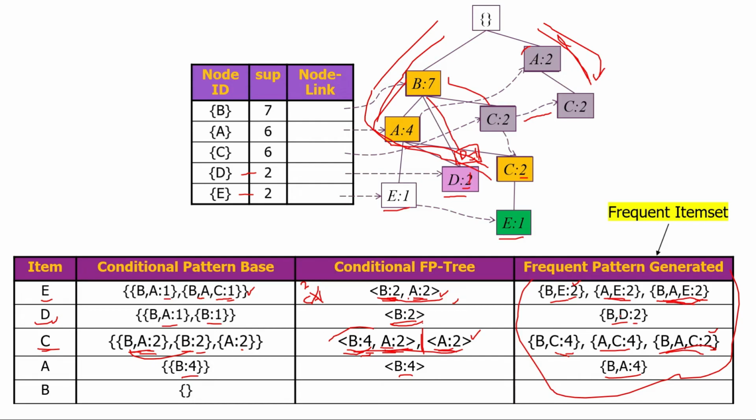So if we compare this FP tree to the Apriori algorithm, in the FP growth tree we generated only those items which are frequent item sets.